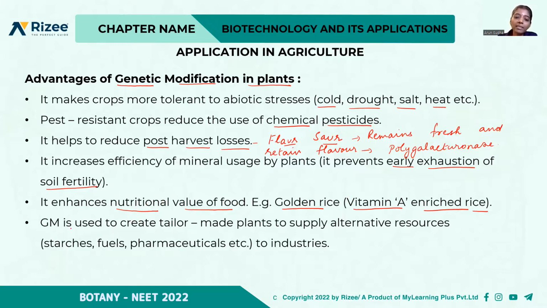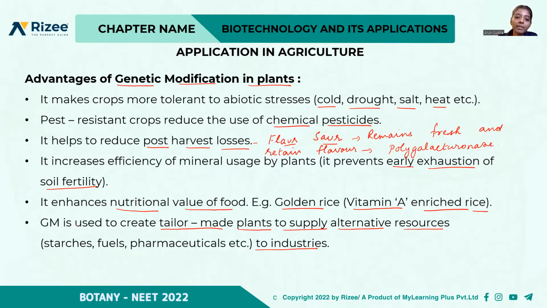And the next is that genetically modified crops are used to create tailor-made plants to supply alternative resources to industries. So whatever we want to make, we can make by using the technique of recombinant DNA technology.